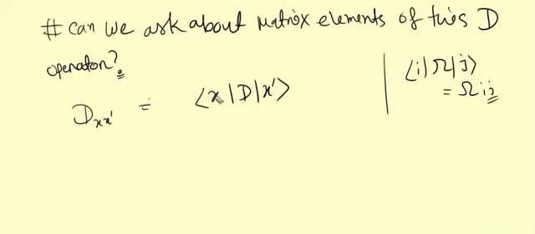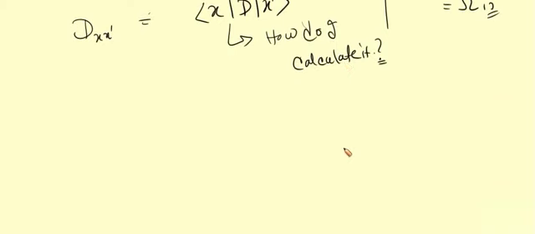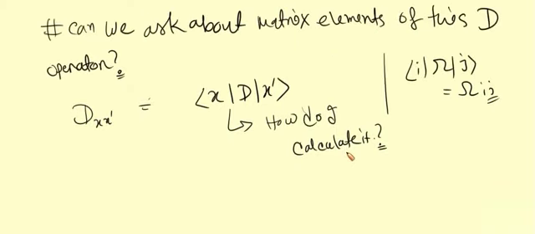So this is a similar case. Now the question is, how do I find it? I have written it in the bracket notation, but how do I calculate it? That is the next question we are going to deal with, and let's see whether we can gain something out of it.